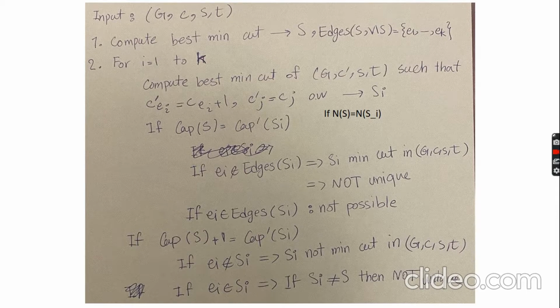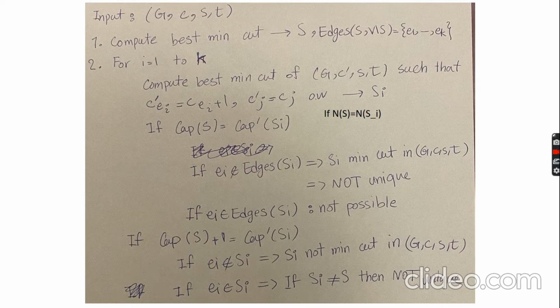So you will get a best min cut Si for the new graph, and you have S from before, for every i from 1 to k, the number of edges that S has.